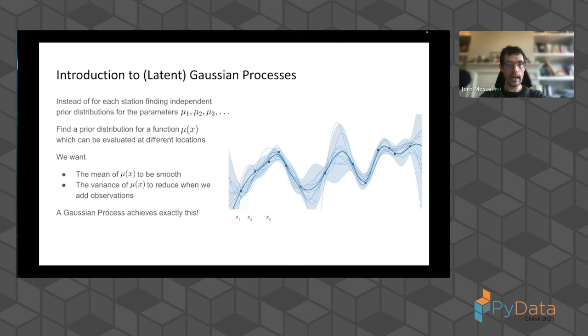Say we have 10 stations and 10 individual prior distributions with parameters mu1, mu2, mu3, and so on, corresponding to each of the stations. Instead, we make mu a function of x, where x is the location of the different stations.